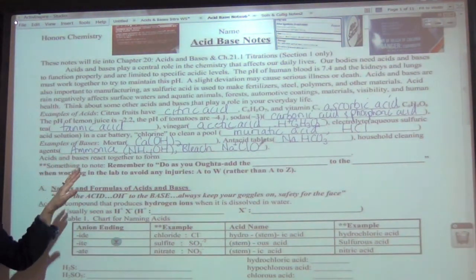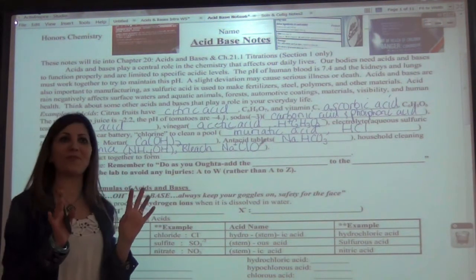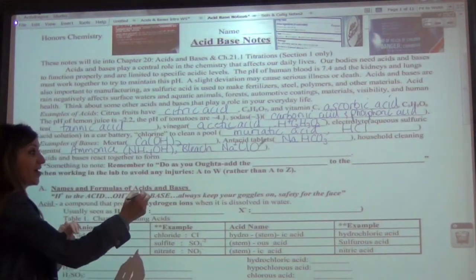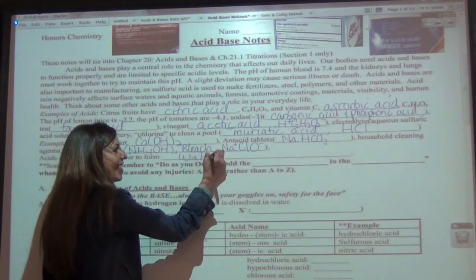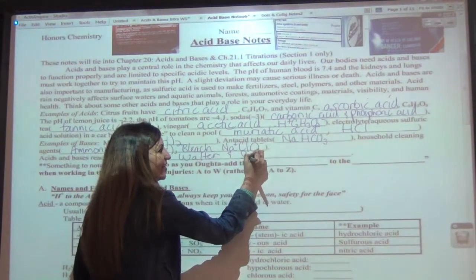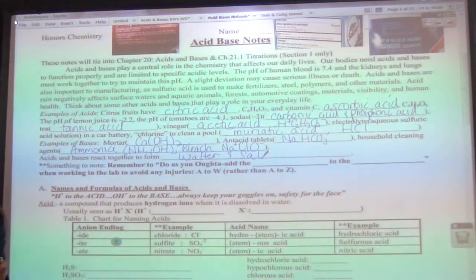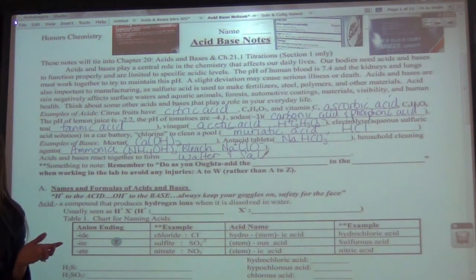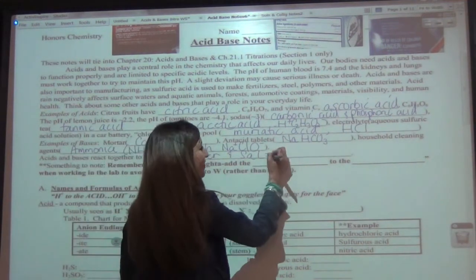Acids and bases react together to form, I call them two people that walk into the local deli to go get some matzo ball soup. Their names are Walter and Saul. Which, anybody want to guess why I call them Walter and Saul? Water and salt. Perfect.